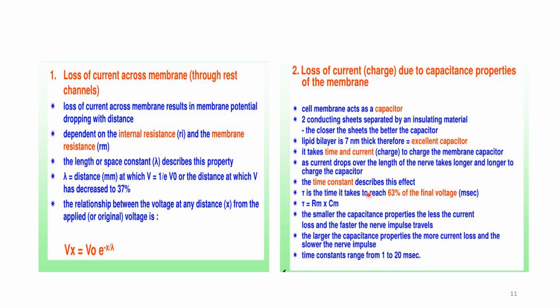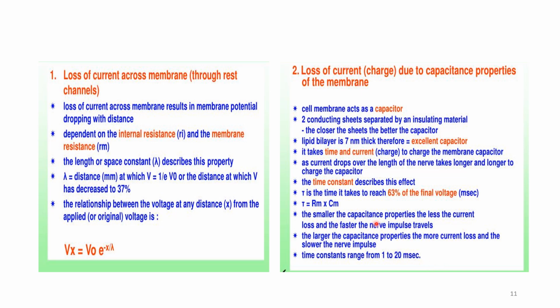So the time constant will describe this effect. Time constant is capital Rm into Cm. It is the time taken to reach 63% of the final voltage. It is expressed in milliseconds. The time constants range generally from 1 to 20 milliseconds.